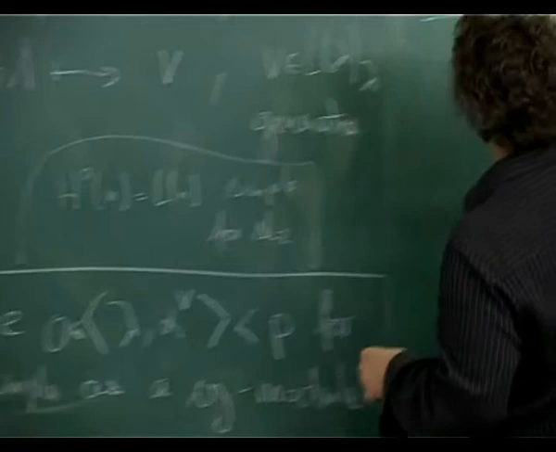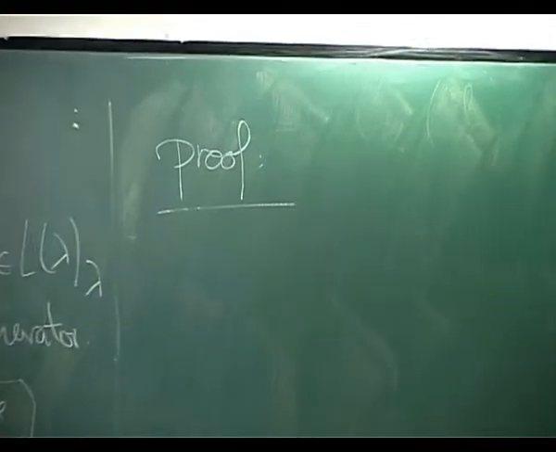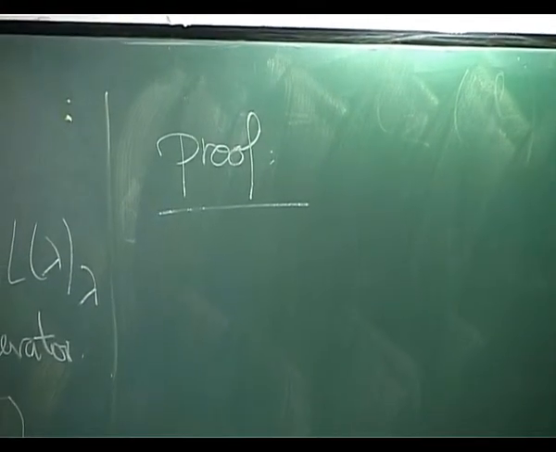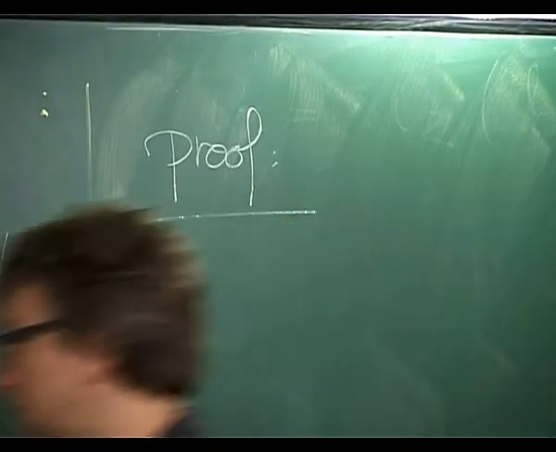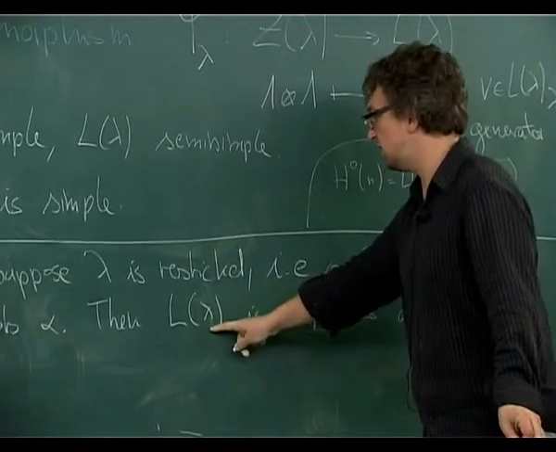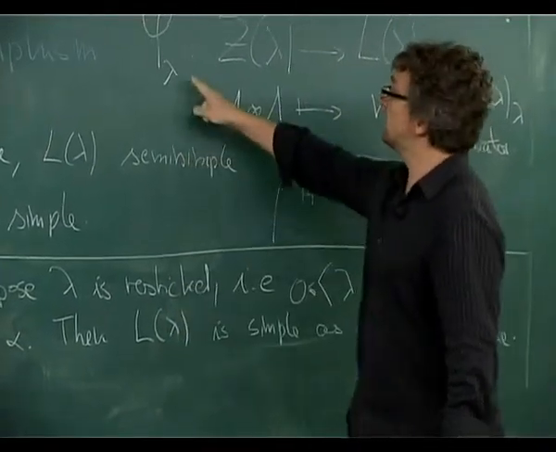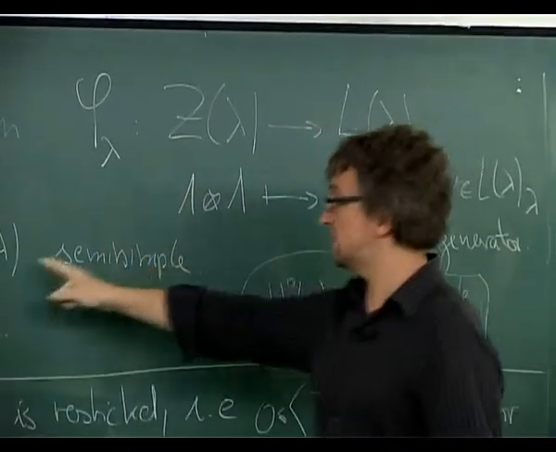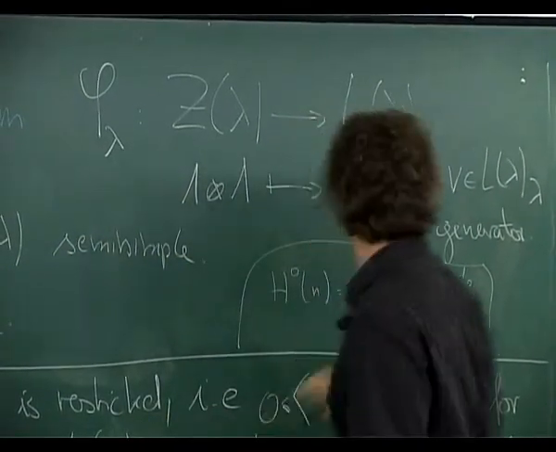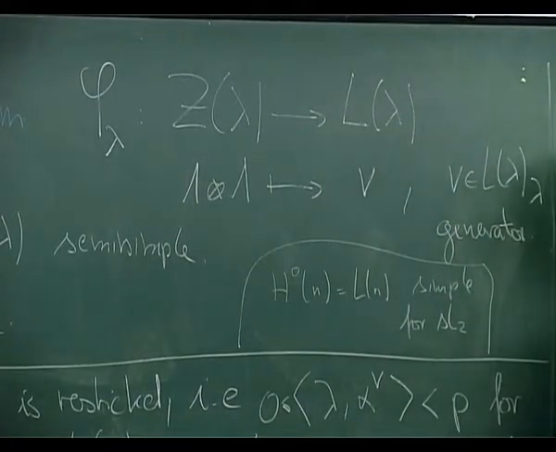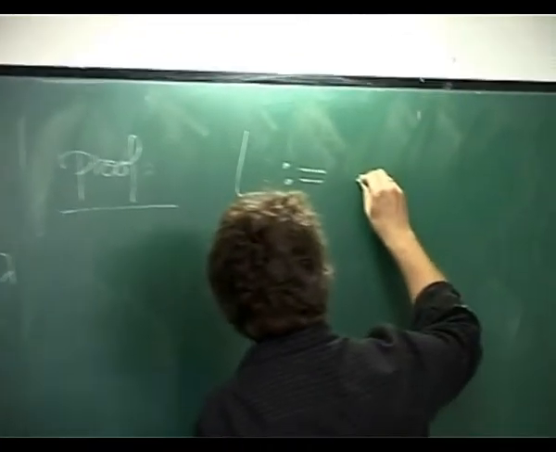Okay. The proof is as follows. So we know that there's a simple submodule for the Lie algebra inside L lambda. It's the image of phi lambda. This sits inside L lambda and is a simple submodule. So let L denote this image.